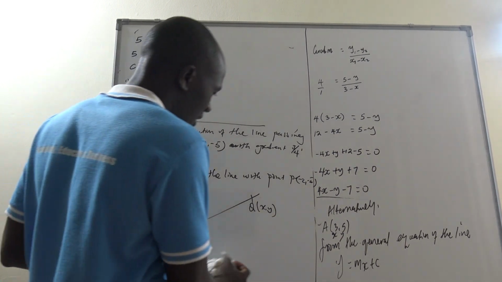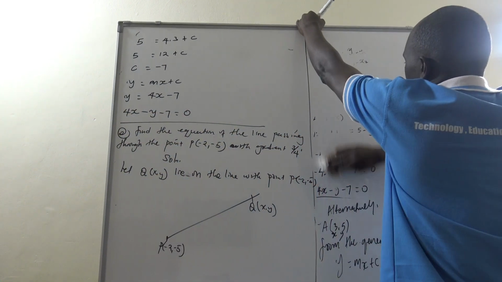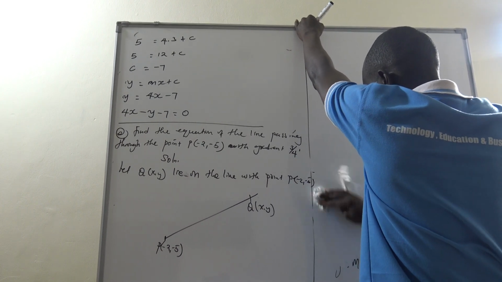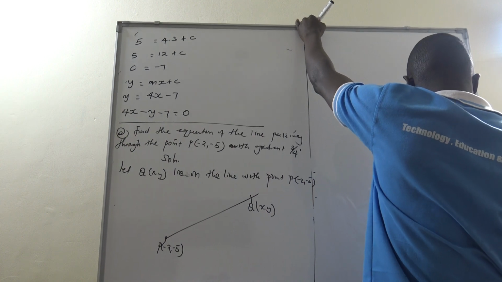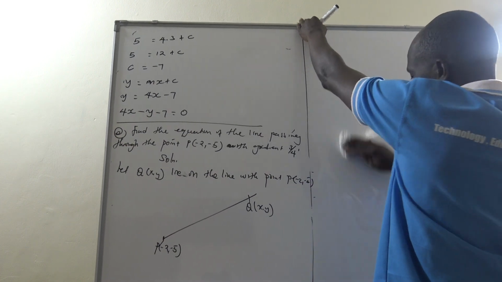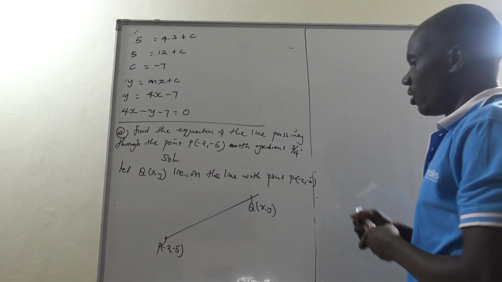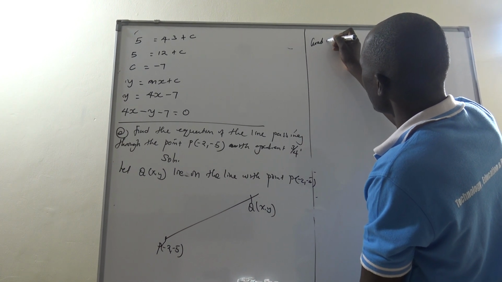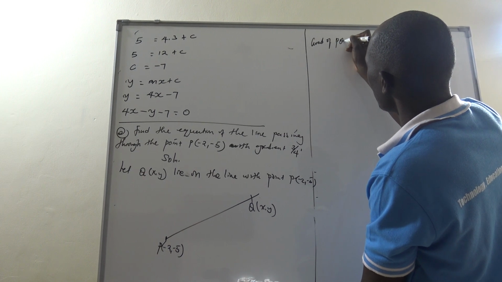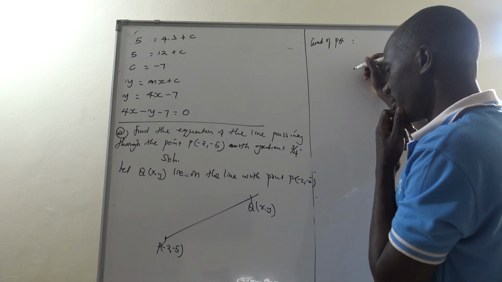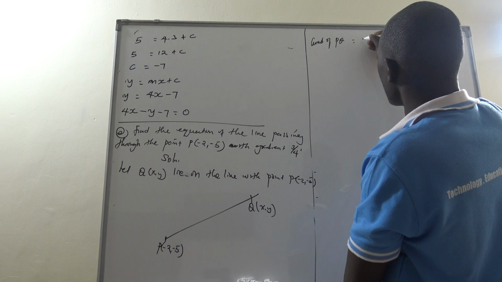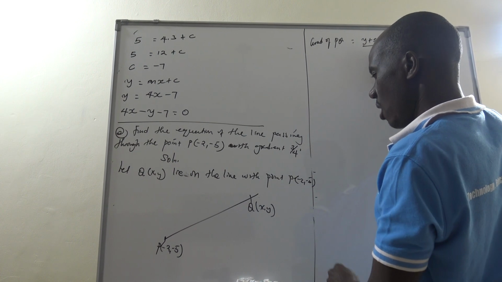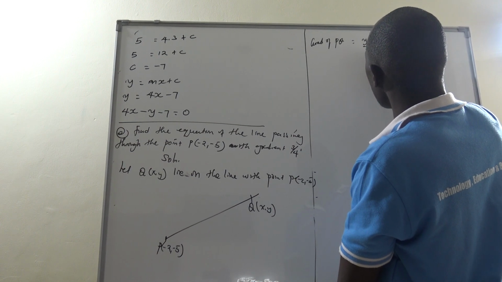So we need to first get the gradient of line PQ. So we are getting the gradient of PQ, which is the same as, you can say, y minus becomes y plus 5 over x plus 2.